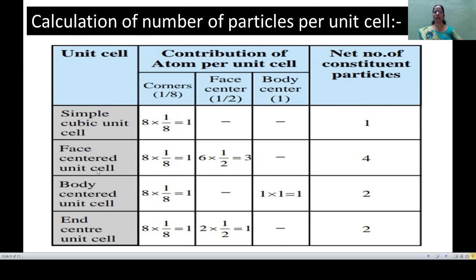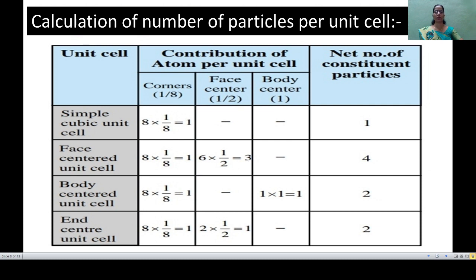See the face-centered cubic unit cell. Again there are 8 corner particles, therefore they give only one particle at the corner, while 6 particles are present at the centers of 6 faces, and their contribution to that unit cell is only half. Therefore you get 3 particles at face center.